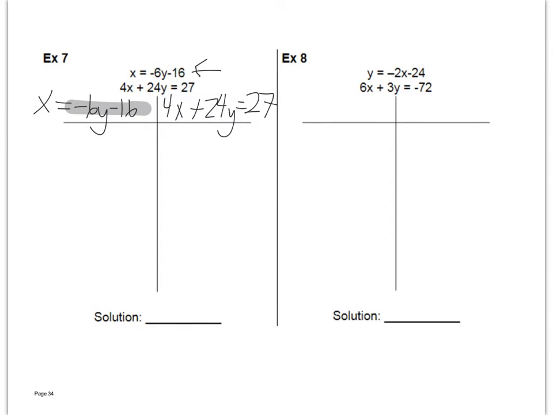I know that x equals this. So over here where I see x, I'm going to replace it. I'm replacing my x with that expression that x is. Now I just distribute.